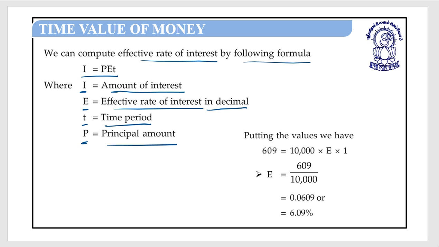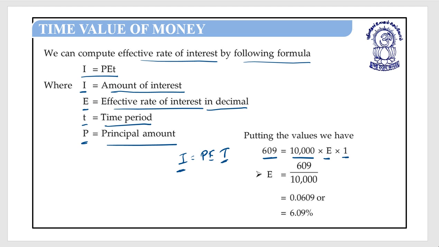Now putting the values we have here, I is equal to PET. I is equal to interest 609, P is equal to 10,000, capital E is what we have to find out, and T is 1.